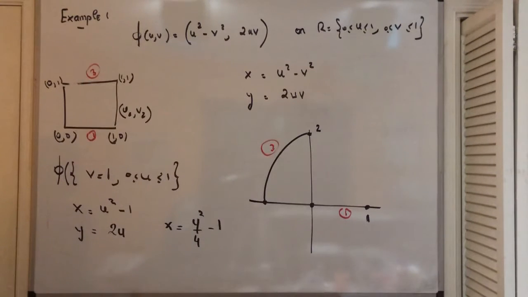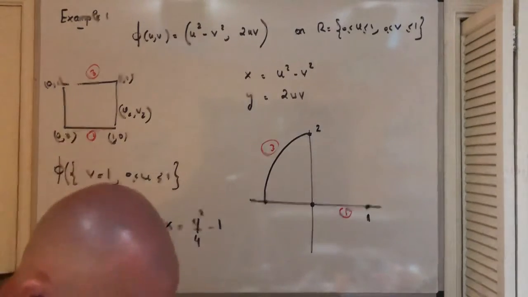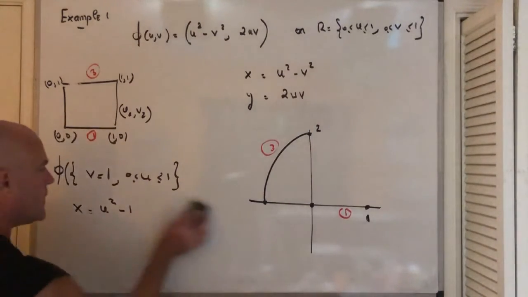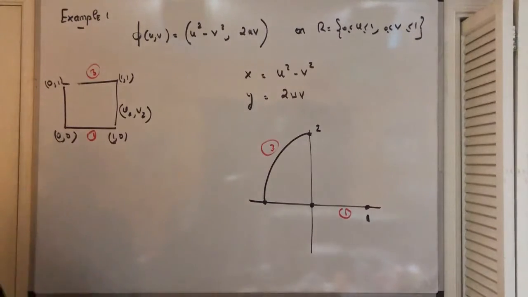Right? Now, is it enough? I'd like to look at the image when I now fix u equals 0 and v varies between 0 and 1. So what is the image of this side?